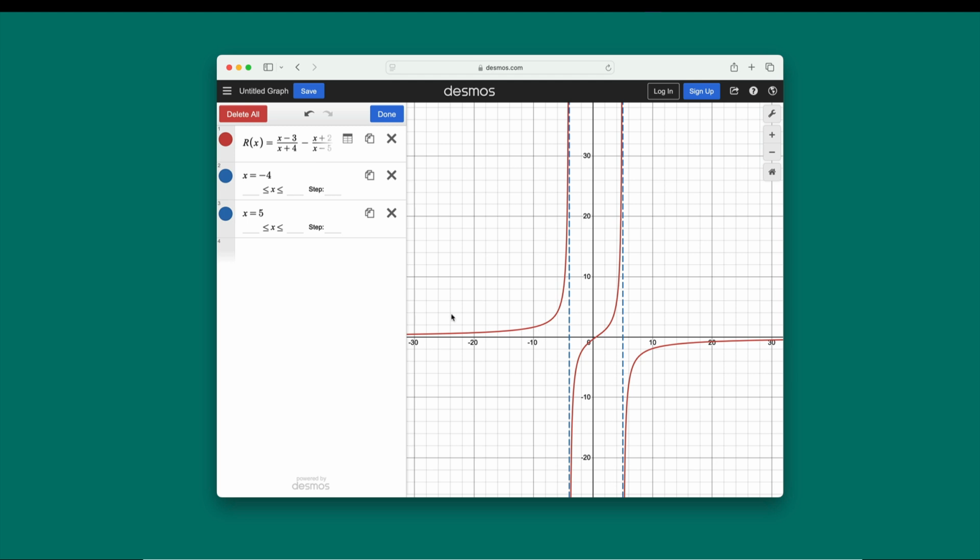Okay, so we were interested in where the related rational expression is greater than or equal to 0. In other words, positive or 0. We know that if it's positive, that means the outputs, the whole entire graph, will be positive, which means it's the portion of the graph that's above the x-axis.